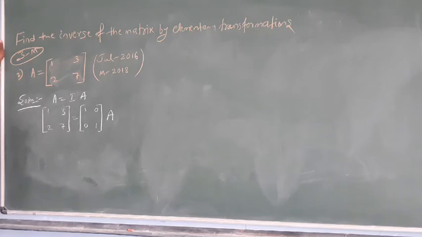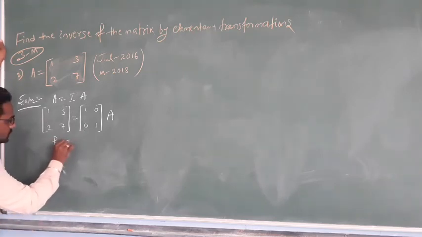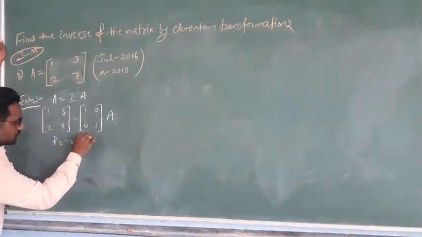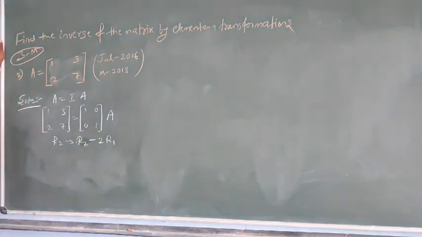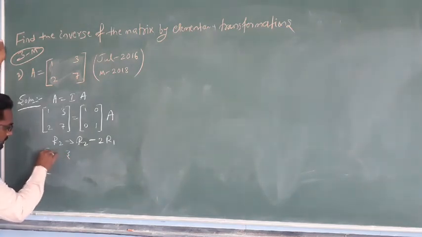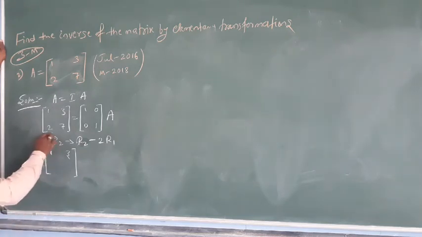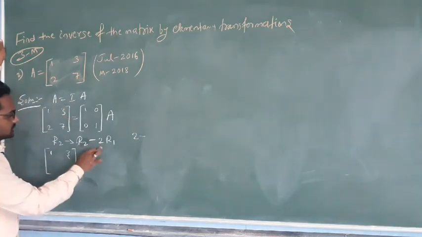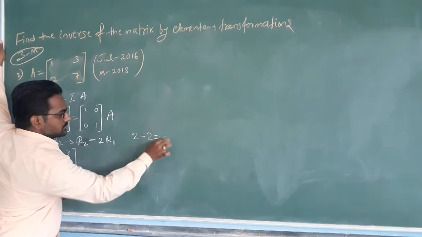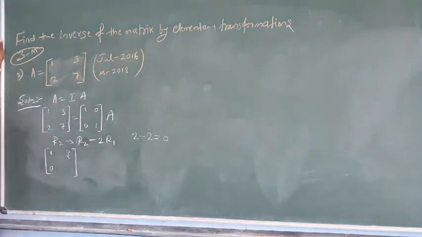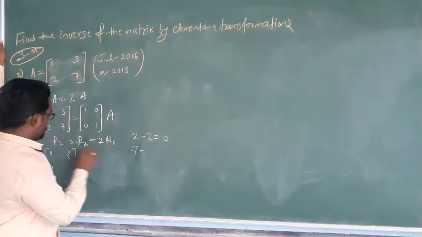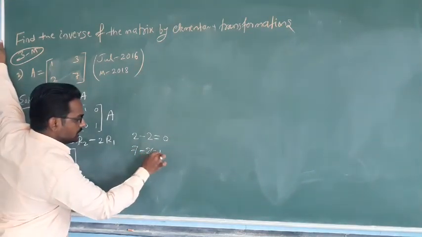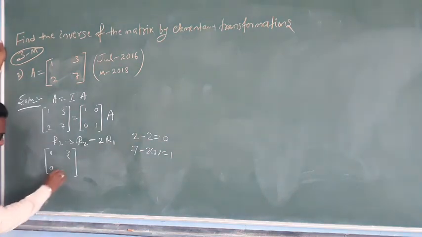Applying the operations, that is R2 changes to R2 minus 2 R1. So what do we get here? The first row is as it is, 1, 3. R2, that is 2 minus 2 into 1, that is 0. R2 value 7 minus 2 into 3, that is 7 minus 6, that is 1.